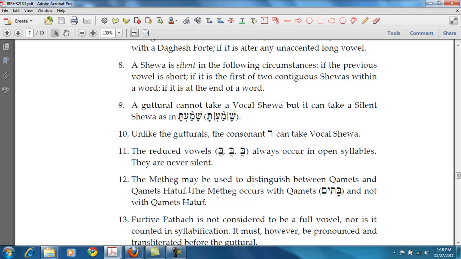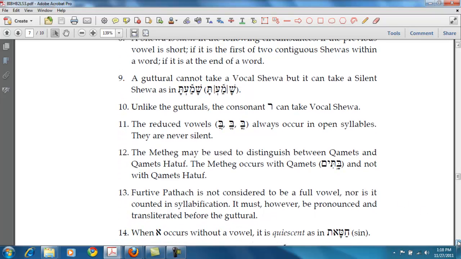Is this a qamets or is this a qamets hatuf? The metheg occurs with the qamets and not with the qamets hatuf. So when you see that, treat that as a long A syllable and not a short O.